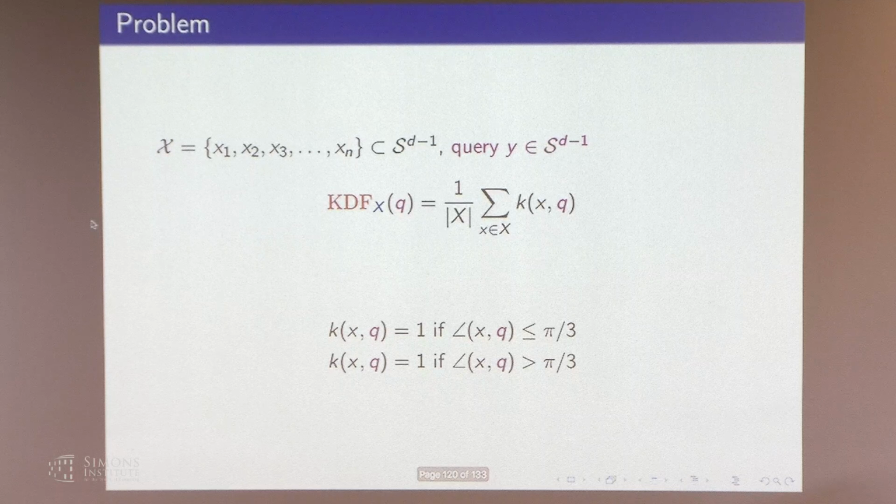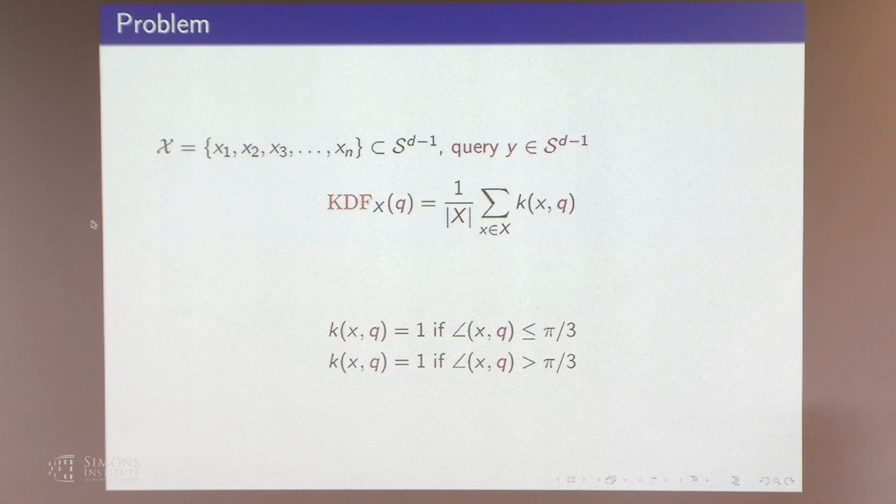This was motivated by trying to design algorithms for what are called word embeddings. Some of you might have heard about this. You have large corpuses of text. You take every word in this corpus and associate it with a high dimensional vector. We asked the question, given such a collection of vectors, let's say they're all normalized unit vectors, given a query vector, can we tell how dense the region around this query vector is?